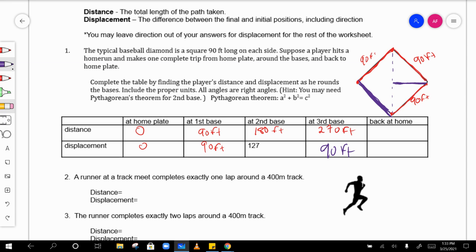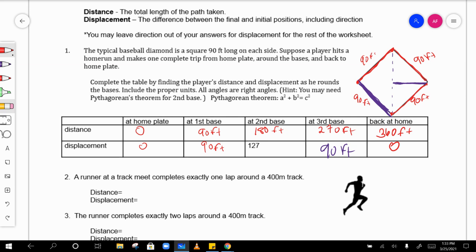Now when we get back home, we're adding another 90 feet, so 360 feet traveled. But our displacement is going to be 0 again.